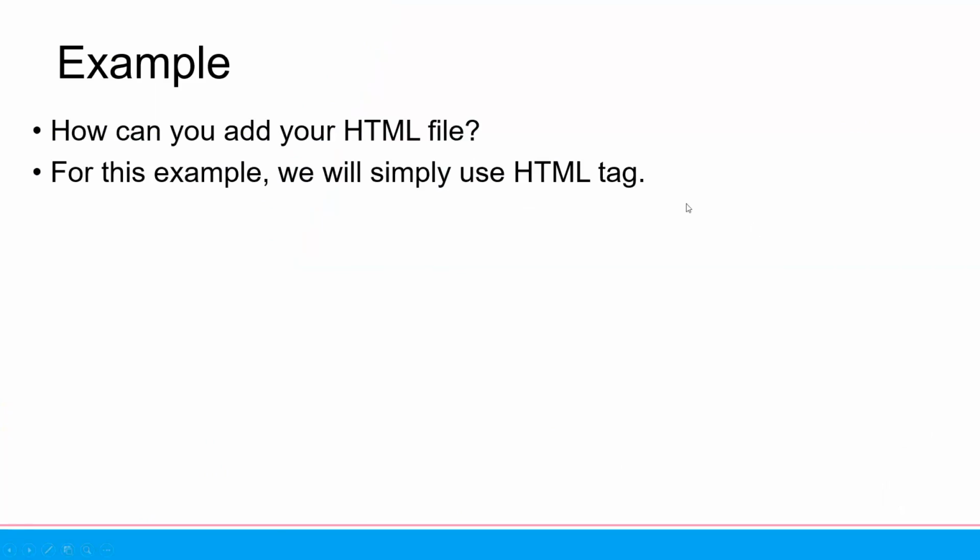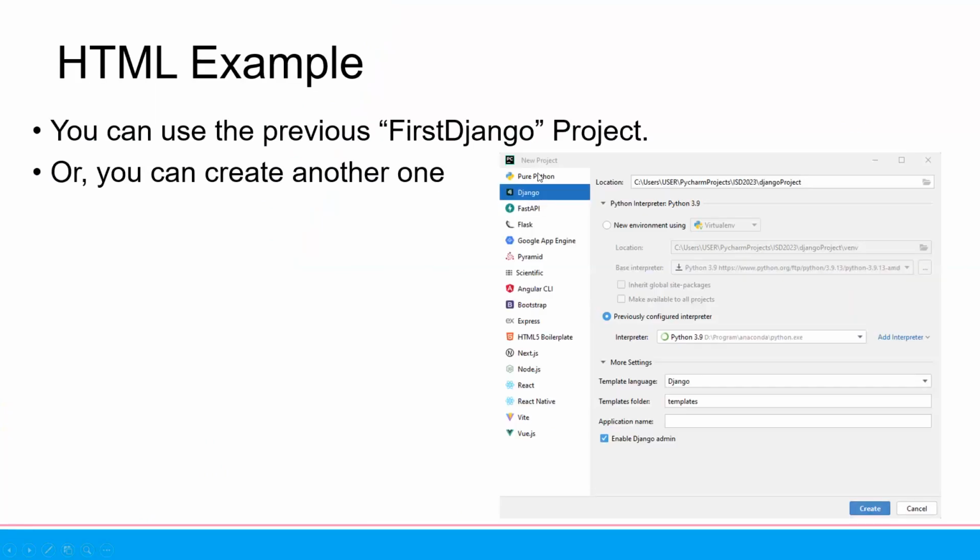I'm going to use very simple HTML tags for this one. So you already created the Django project. You already have the first Django, or any name is fine. You can create another one or use the first Django project. I explained that you can use the Python interpreter.